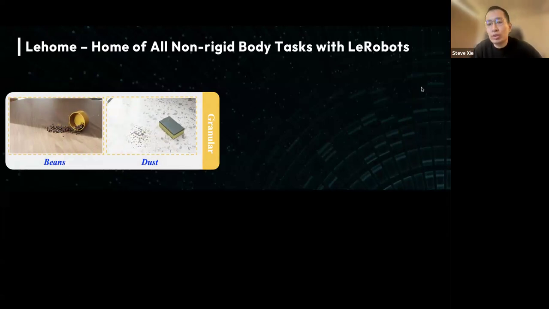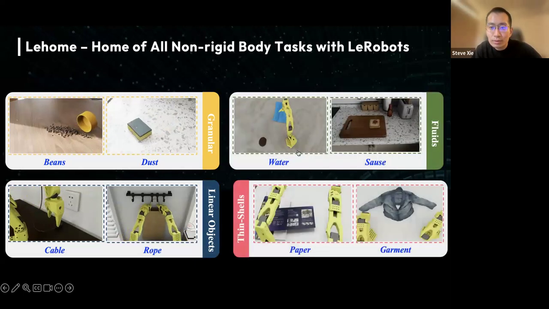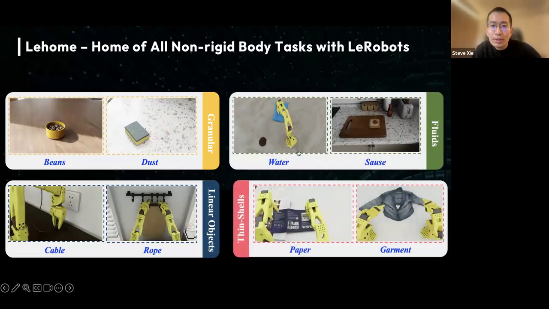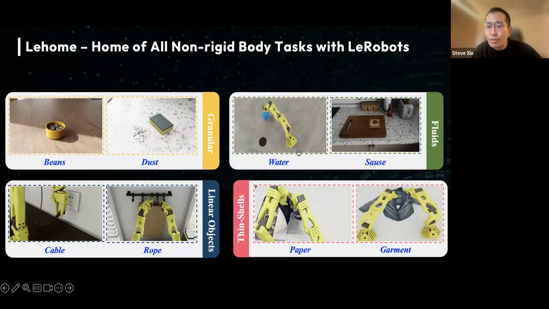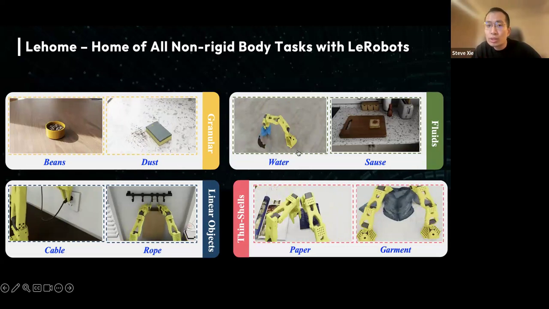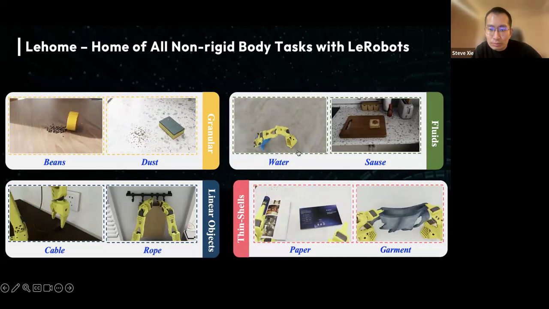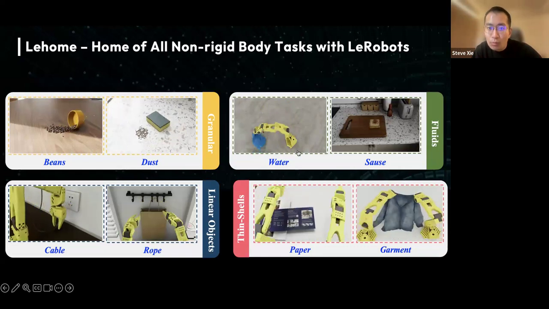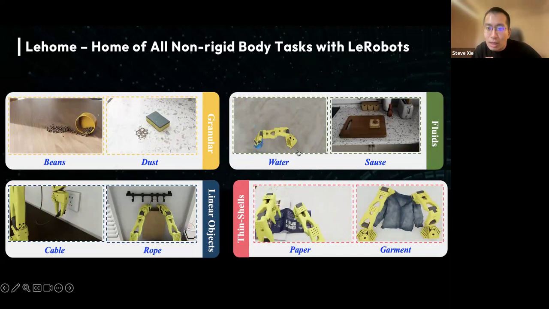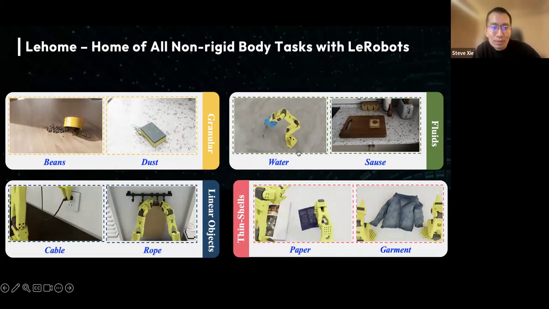We just want to demonstrate to the academia, to the industry, to everyone, what we can achieve with just simulation. And it's a really awesome thing that my team just won the best poster in IROS for the home. And we are planning to open source all the SimReady assets, scenes, tasks of the home.